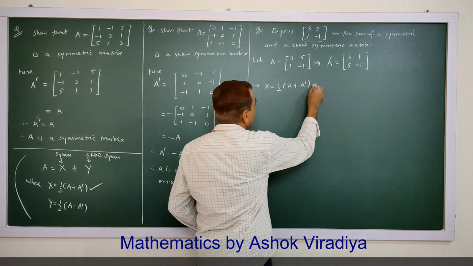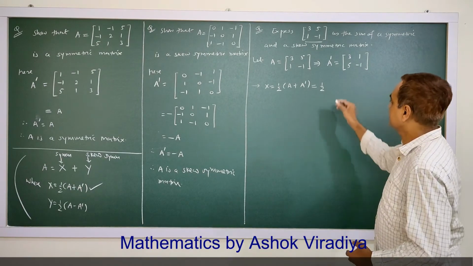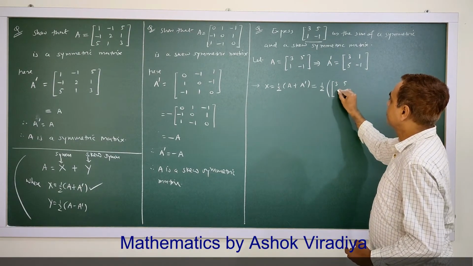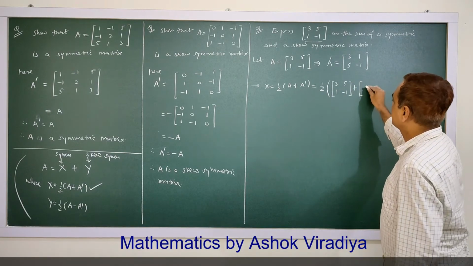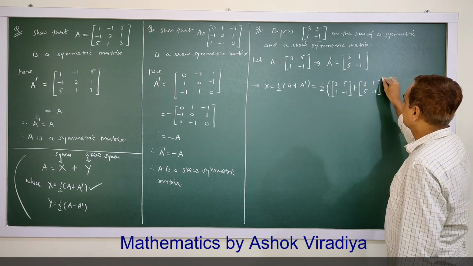So X is 1 by 2 times [3, 5; 1, minus 1] plus A transpose, which is [3, 1; 5, minus 1].